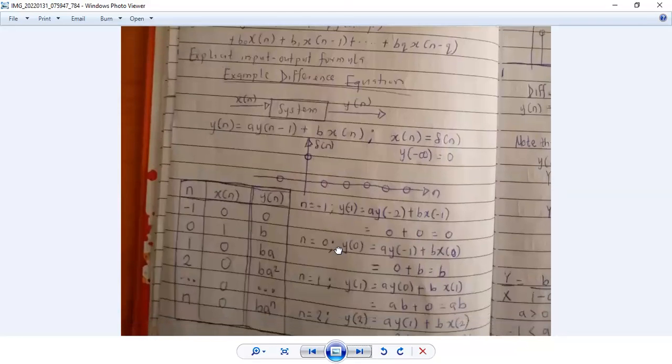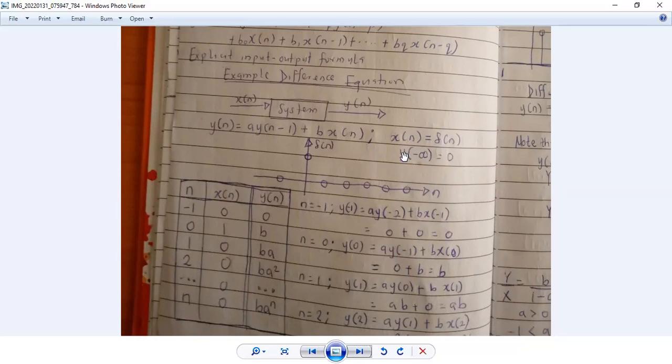So we'll look at when n is at different values, starting from when n is -1. Using this equation, we put in -1 here. So y of -2, and here x of -1. Why is y of -2 0?